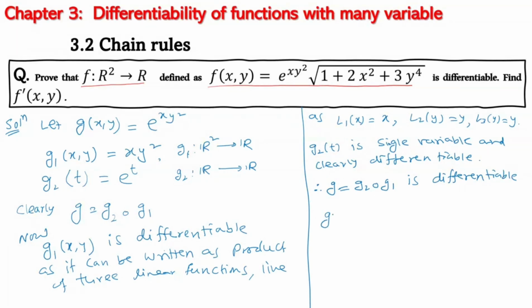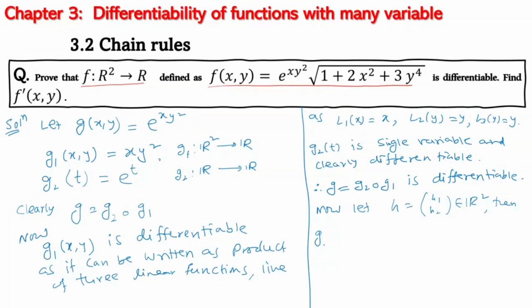Now g dash at (x,y), by definition, is g2 dash at g1(x,y) composed with g1 dash. Now let h equal (h1, h2) belong to R2.